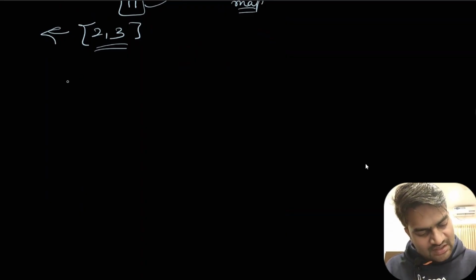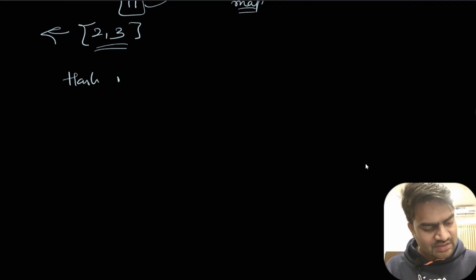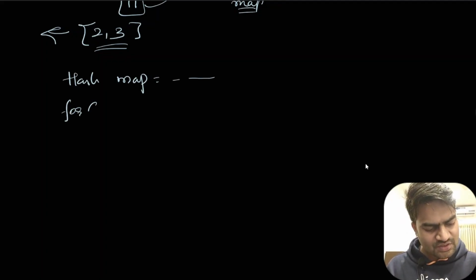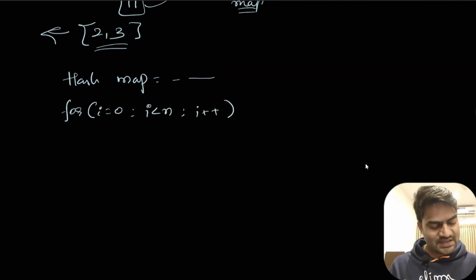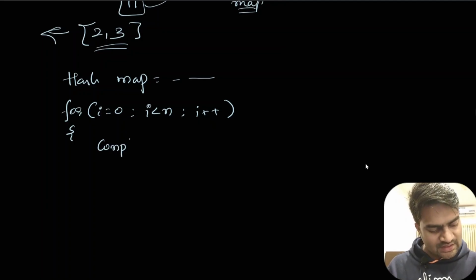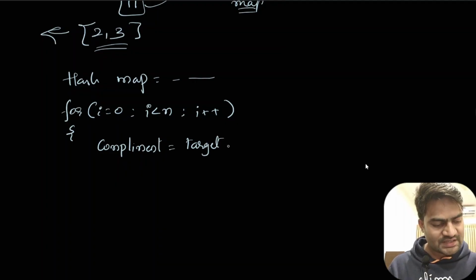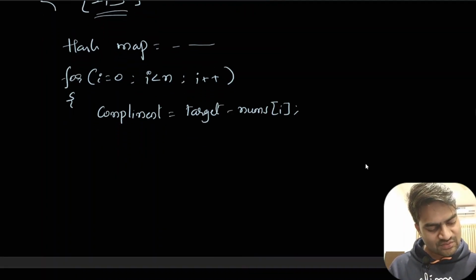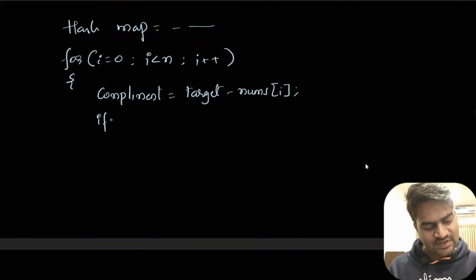So again, hash map, this is the initialization. Now for i equal to 0, i less than n, i plus plus. Now I will first find the complement. Complement equal to target minus nums of i. Okay, now I will check if my complement is there in the map.